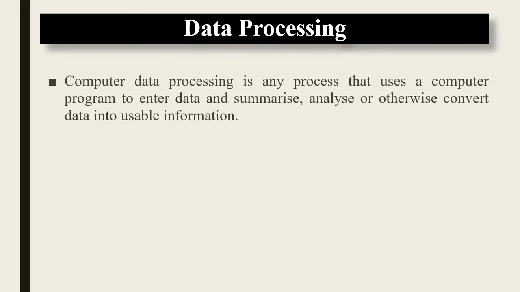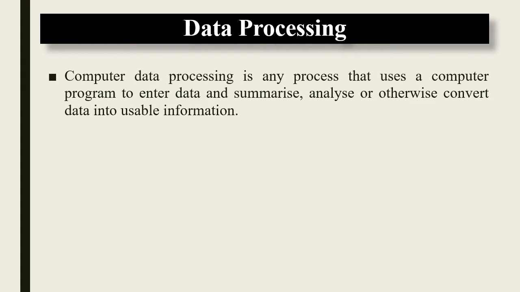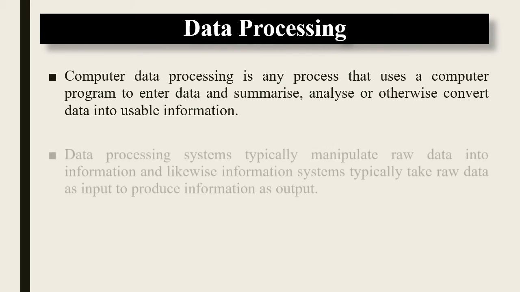Now we will see first data processing. Computer data processing is any process that uses a computer program to enter data and summarize, analyze or otherwise convert data into usable information.